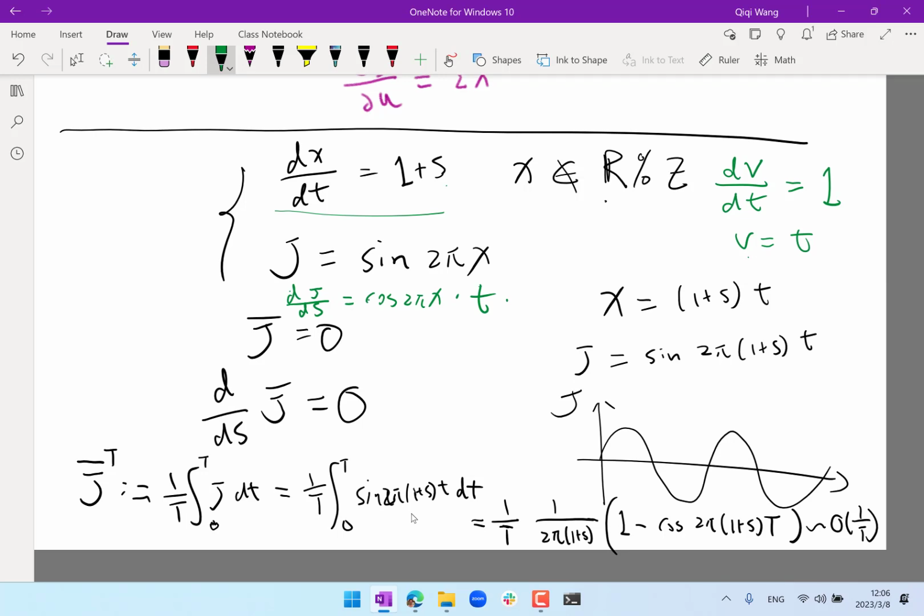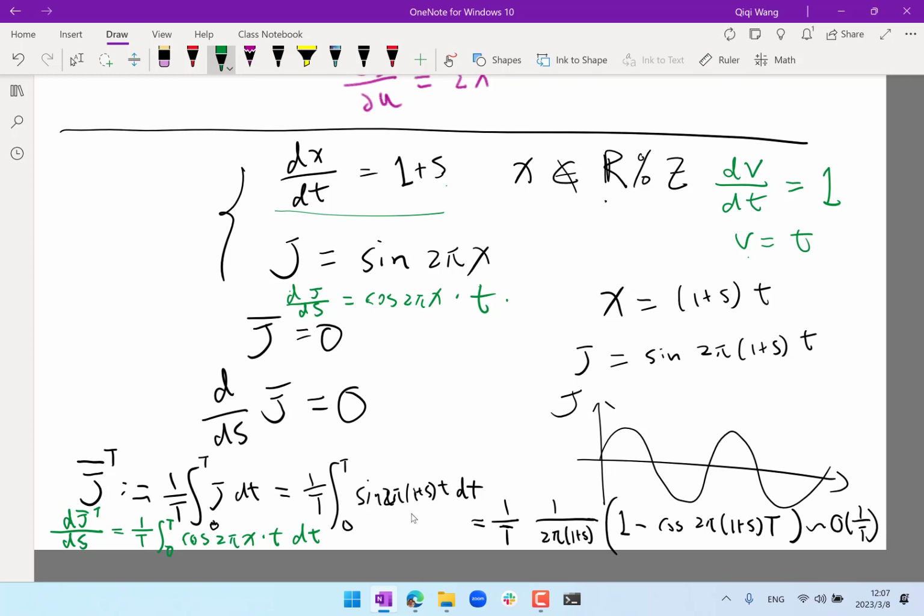Okay, and taking the derivative inside the integral means you are having dj bar t ds equal to the time average of the integral from 0 to t of cosine of 2 pi x times t dt, right? Again, you are averaging over length time t something that grows linearly as a function of big T, small t, right?